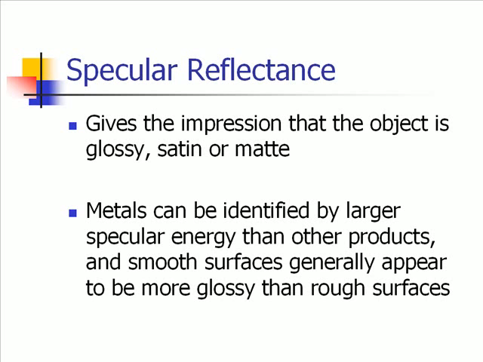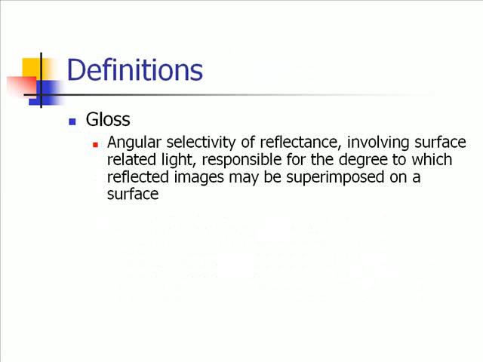So the specific definition of gloss, nice wordy scientific kind of definition, is angular selectivity of reflectance involving surface-related light responsible for the degree to which reflected images can be superimposed on a surface. So if you can see an image on the surface of an object, that's a glossy surface.